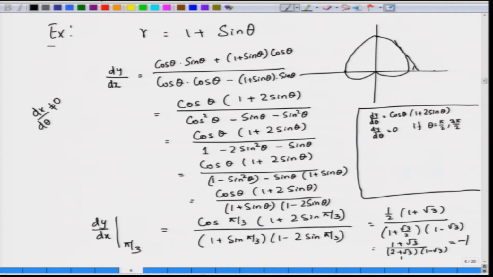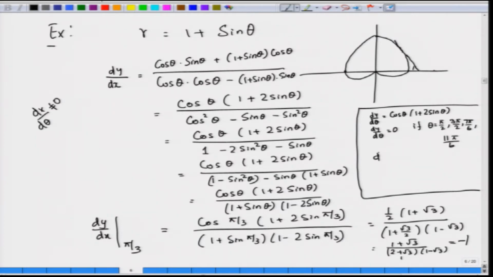If it is, let us say, 7 pi by 6, then sin theta is minus half, so 1 plus 2 sin theta is 1 minus 1, which is also 0. Also at 11 pi by 6, sin theta is minus 1 half, and therefore this is also going to give you 0.